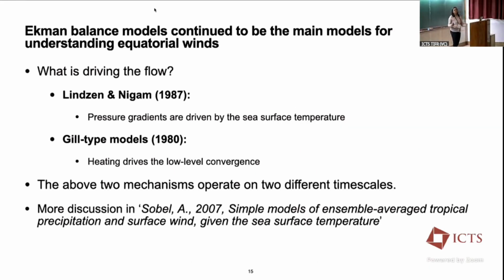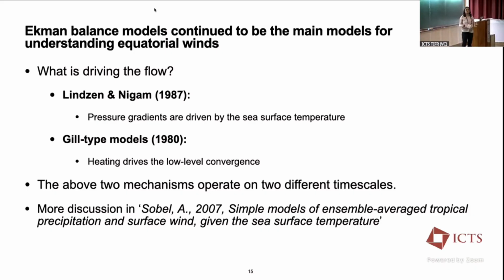But people have also had remarkable success with using linear Ekman balance models to understand near-surface equatorial winds. So far, when I talked about the different balances, we haven't really talked about what is driving the flow, and any good model would have some kind of physical intuition behind it.